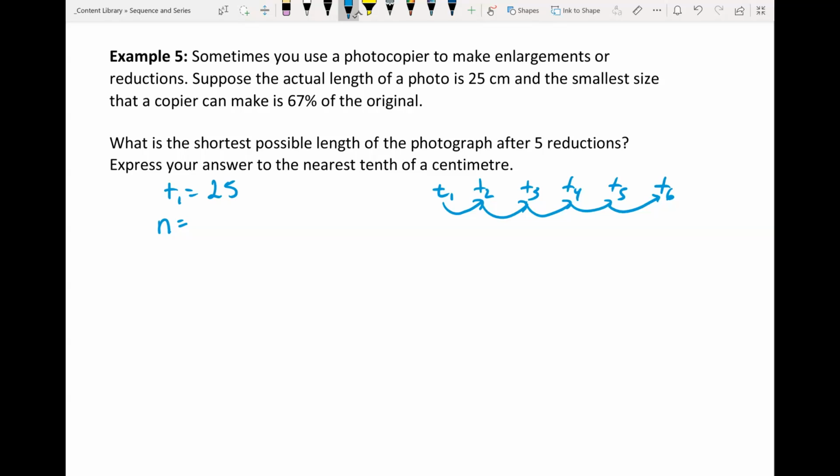So I'm actually looking for T6, so n is equal to 6. And then for our R, we're going to make a smaller photo of the original, which is going to be 67% of the original. I'm going to leave that as 0.67. In this case, you don't want to put a 1 in front of your decimal because we're trying to make reductions, making it smaller, smaller, and smaller.